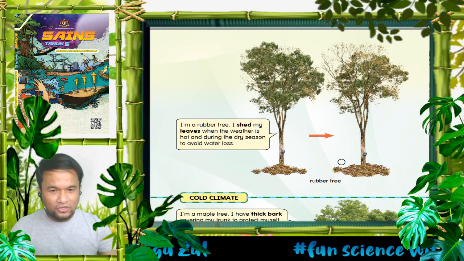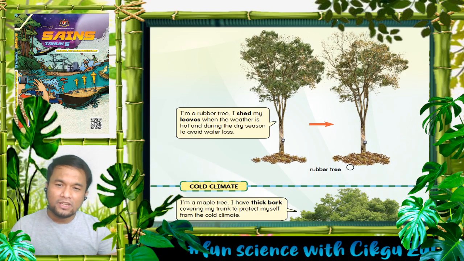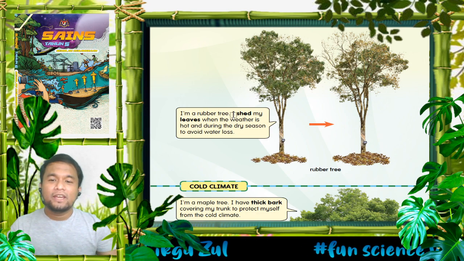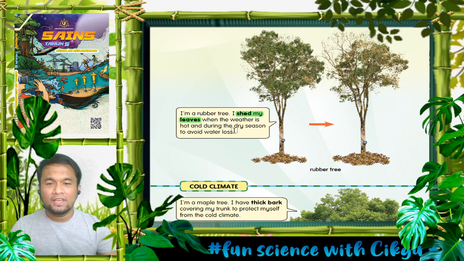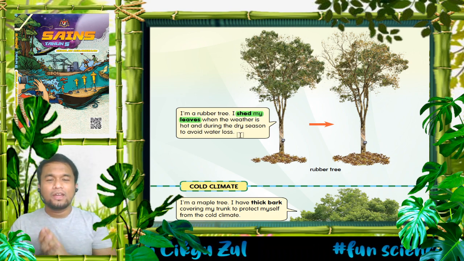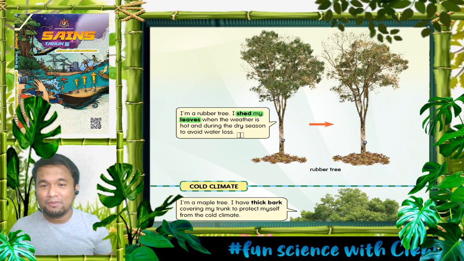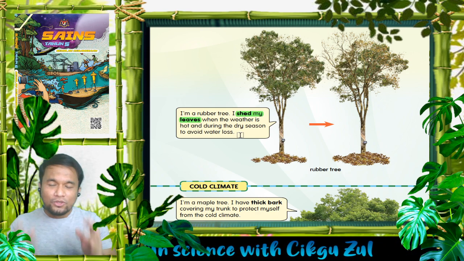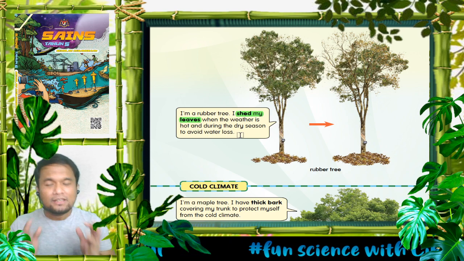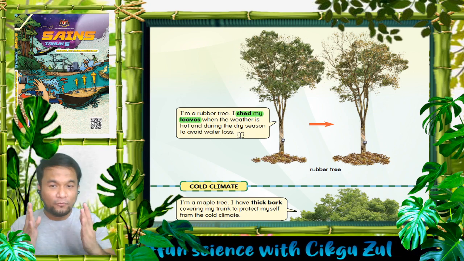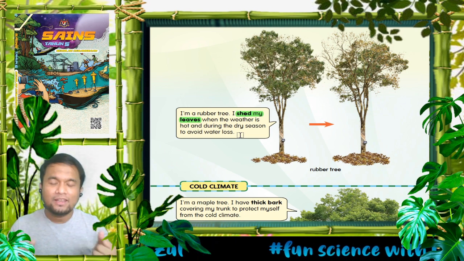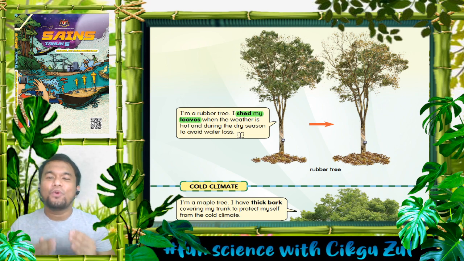Okay, next plant is the rubber tree. How do they survive in hot weather? Okay, the rubber tree, they shed their leaves. Dia menggugurkan daun dia. Bukan sebab dia nak mati, kita fikir daunnya dah gugur, pokok getah tu dah nak mati. Actually, during the hot season, they will shed their leaves because the lesser the number of leaves, the lesser the water loss.